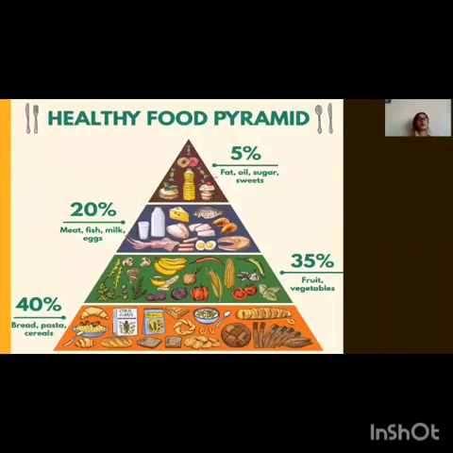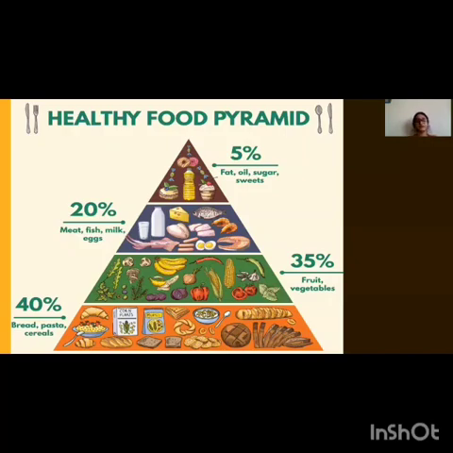Next we're going to be looking at the food pyramid. So as you can see, you need to eat carbohydrates the most. Then you have fruits and vegetables. Then you have dairy products and protein. And then you have fats, oil, sugars, and sweets. Now, I do admit that fats, oil, and sugars and sweets are so good to eat.